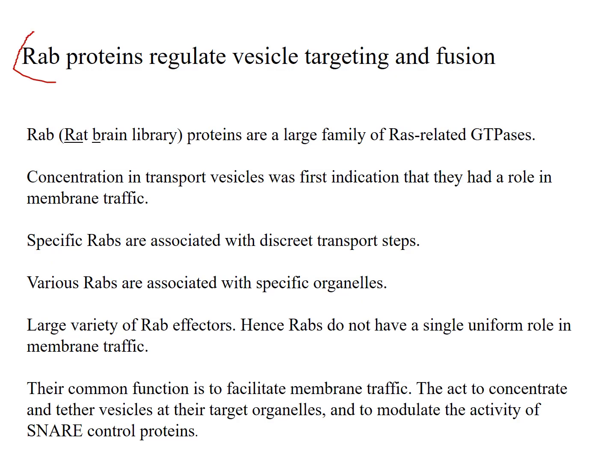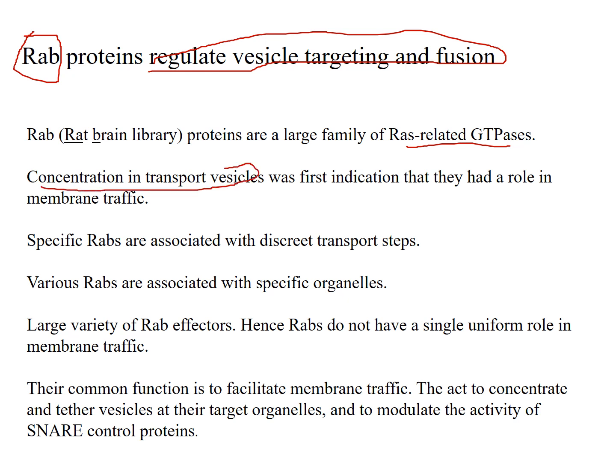So the protein I study is known as RABs. RABs regulate all this targeting and fusion. It was isolated from a genetic library, a rat brain library. They bind GTP to be active, and when they're not active, they're in the GDP bound structure. They are found concentrated in transport vesicles.